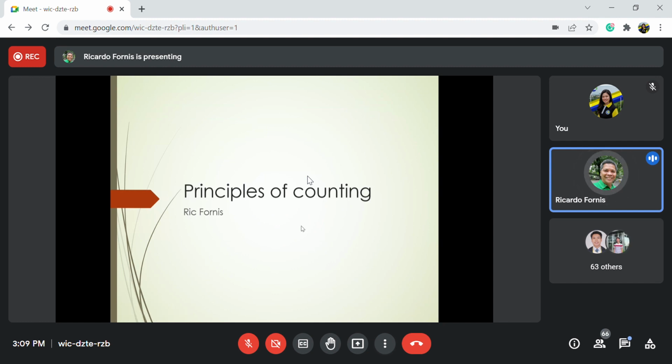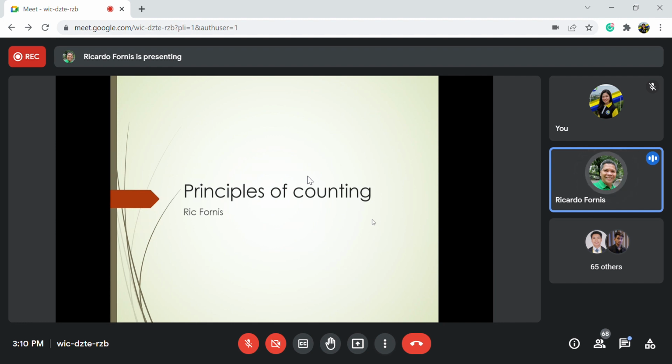Now, there are several principles of counting, and let me begin by emphasizing the principle of counting for simultaneous and successive events. When we say successive, it means that one event will follow after the other.